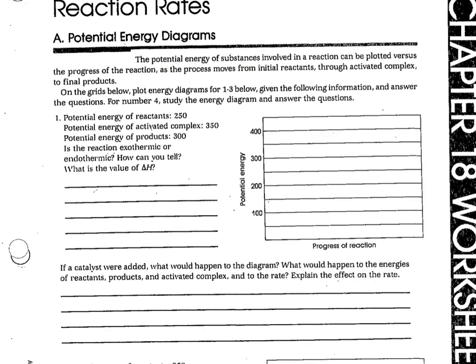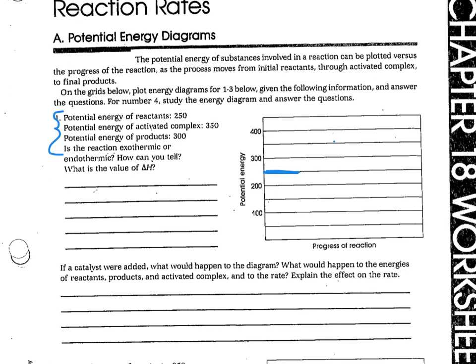On these problems, we're going to try to make our own potential energy diagrams. It gives us all of our information right here, and then we're going to be answering some questions. The first one gives us the potential energy of the reactants is 250. So we're starting with this much energy right here, 250. It says the energy of the activated complex is at 350.